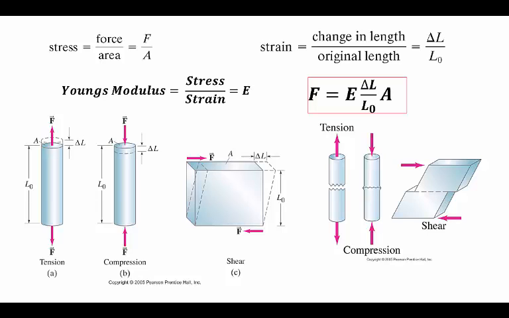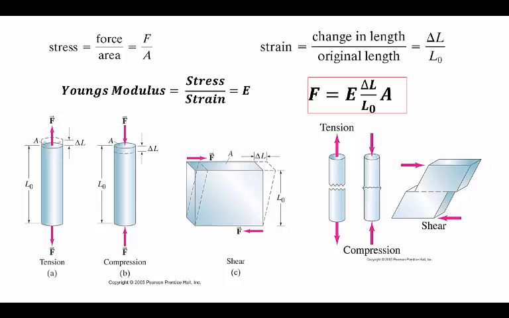Stress on an object is simply the amount of force that you're putting in a certain area. Strain is how much you are changing the length of the object, either compressing it smaller or stretching it out longer or just deforming it to the side. We have something called the Young's modulus, and that is the stress divided by the strain.